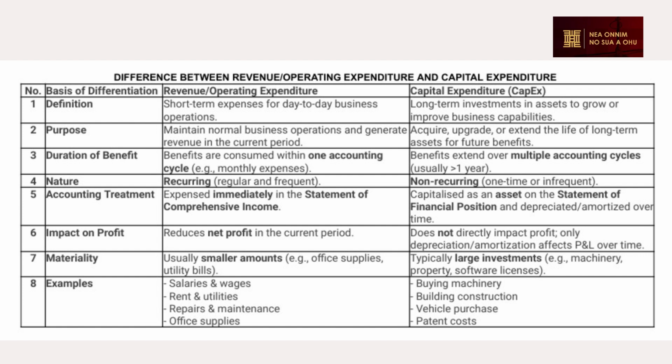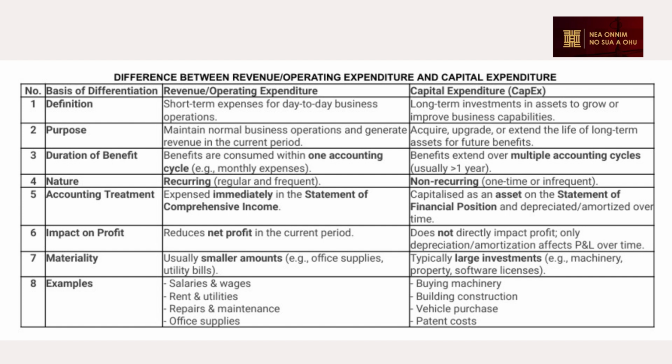Whereas revenue or operating expenditure are incurred to maintain the operations of the business or to generate revenue, capital expenditure are those expenditure incurred to acquire, upgrade, improve the performance, or extend the life of long-term assets.